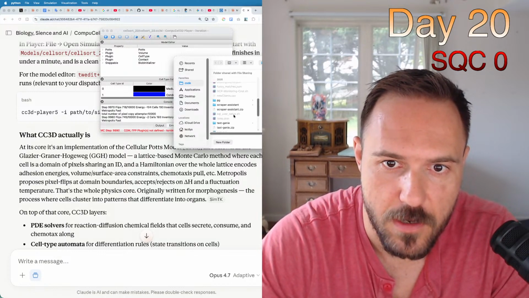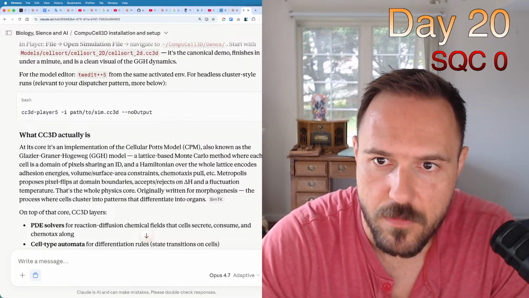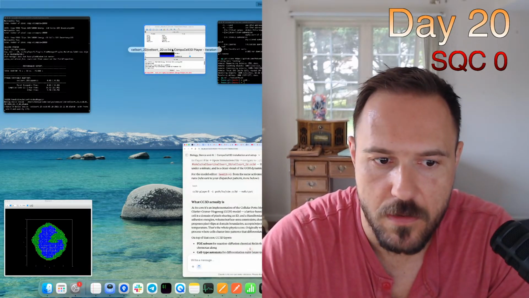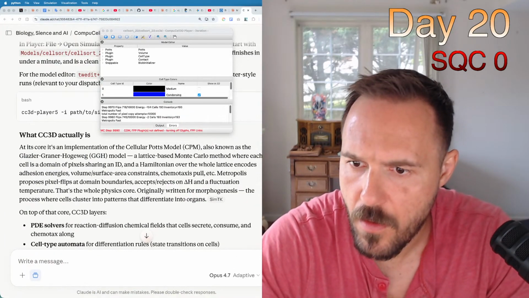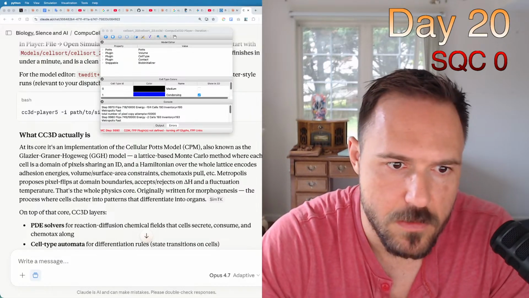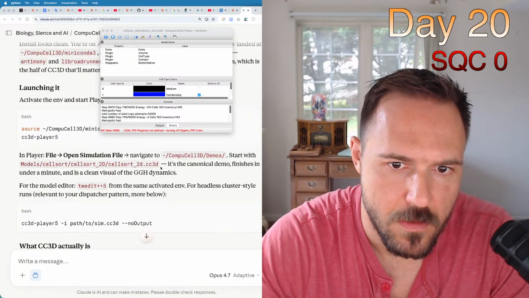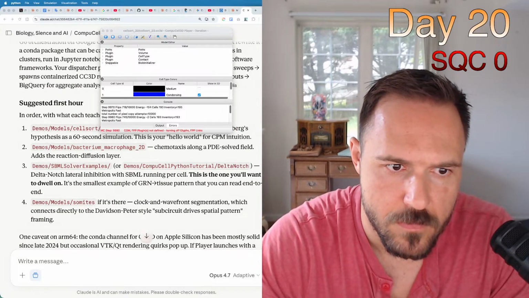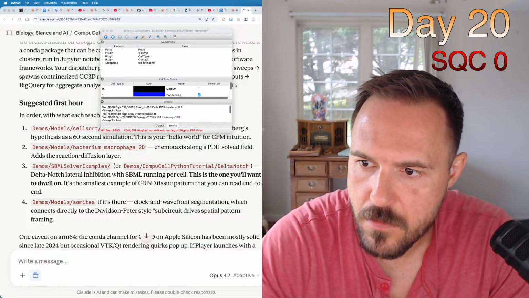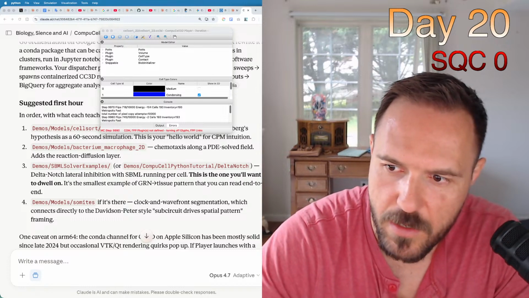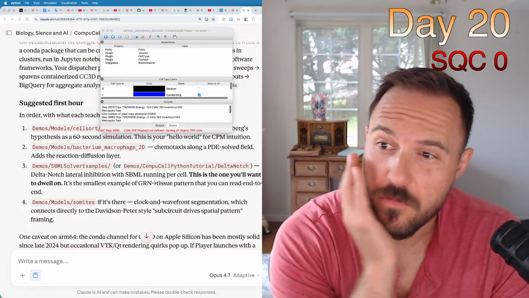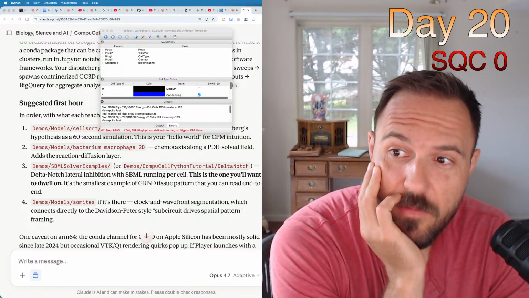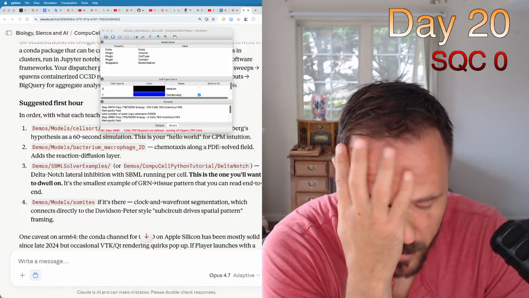And I also know how to load the files. Demos. Models. There are so many simulations already available. So how do you write those simulations? Is it just parameters and then things start? That would be so cool.